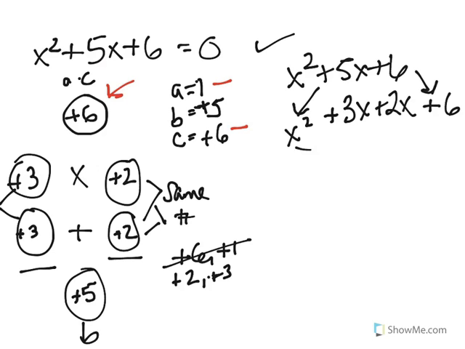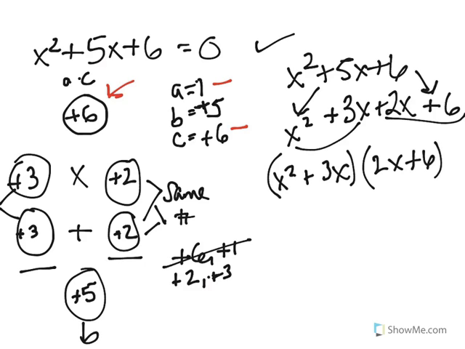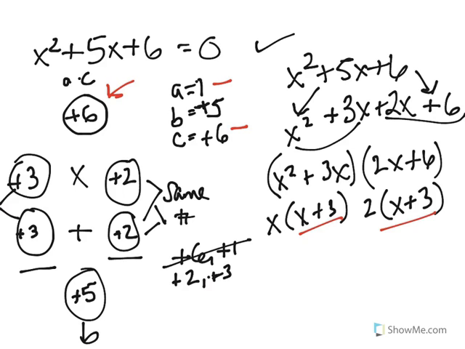It's going to be this one. So we're going to have x squared plus 3x, and 2x plus 6. We're going to want to pull out the greatest common factor from each of these. Make sure that these 2 expressions match or you have made a mistake.